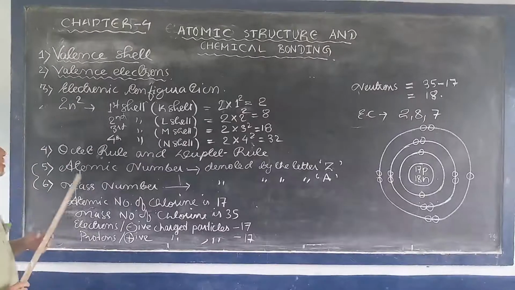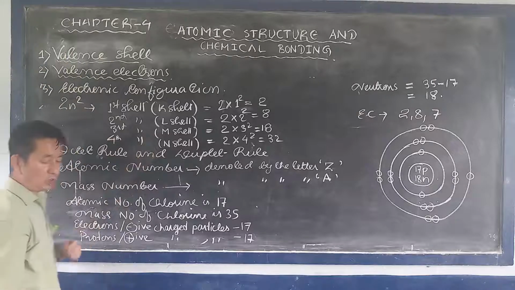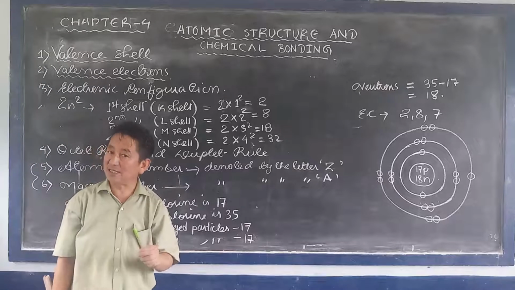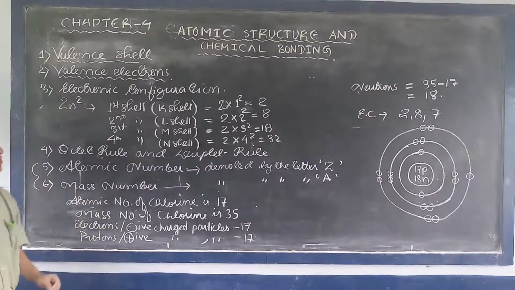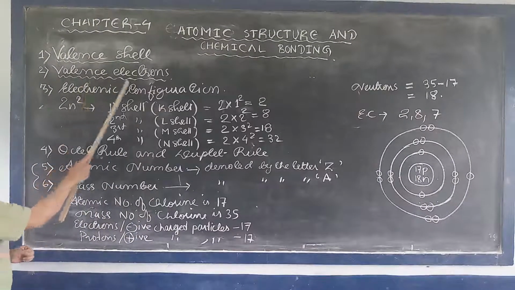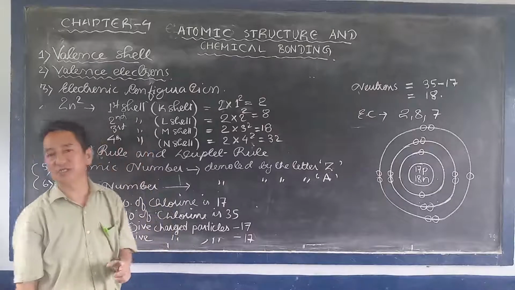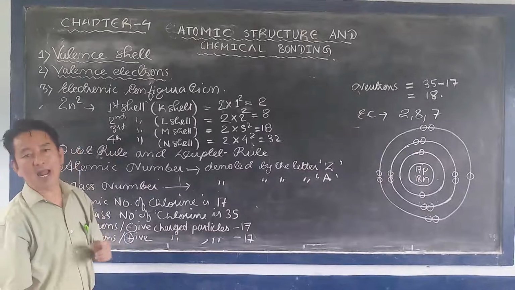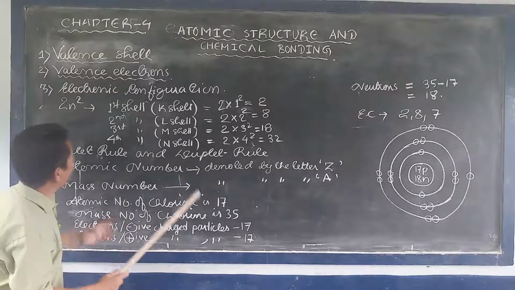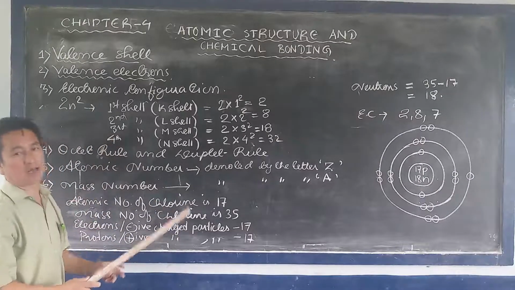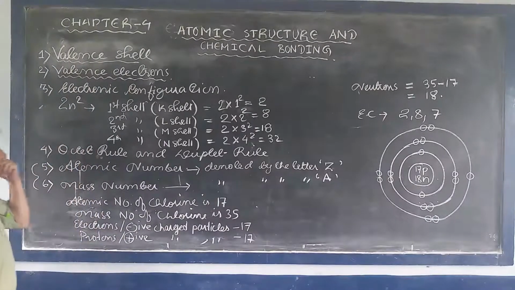Now, let's move on to today's topic. First one here, valence shell. Now, what is valence shell? Valence shell is the outermost shell of an atom. Now, next here, valence electrons. As I already told you, electrons are the negatively charged particles of an atom. Electrons which are found in the outermost shell of an atom, or valence shell, are called valence electrons.